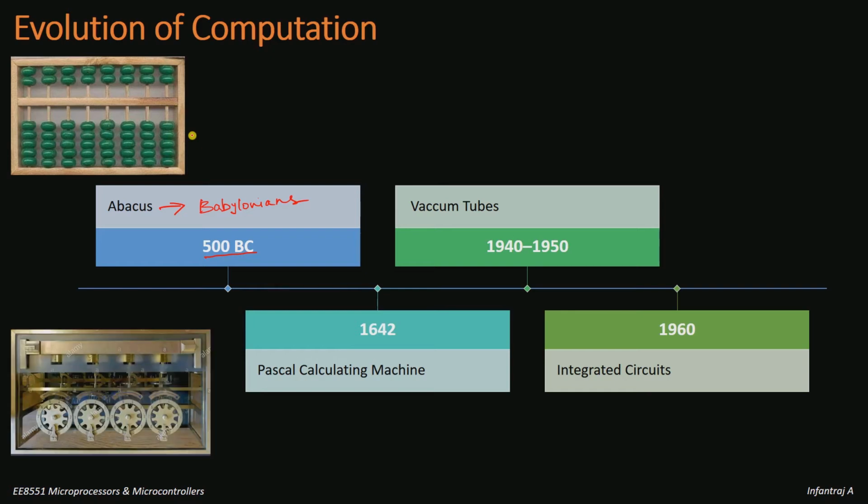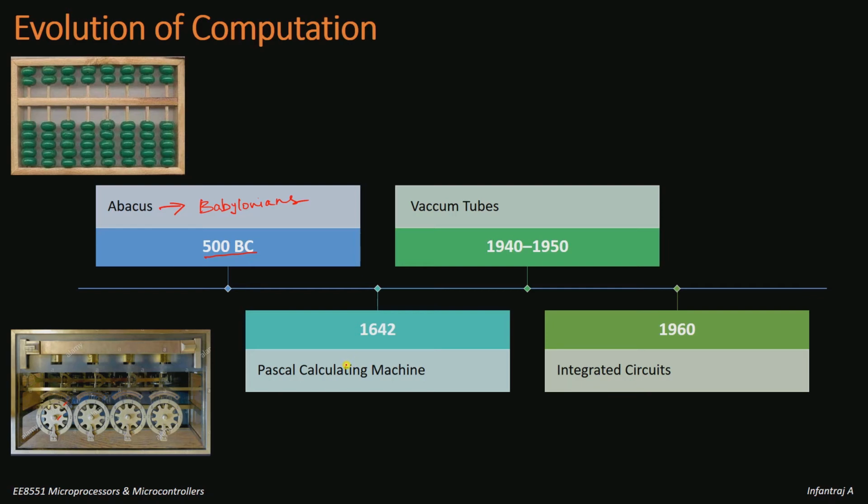Then after that, when the industrial revolution started and many mechanical systems came into existence, Pascal invented a system called the Pascal calculating machine in the year 1642. As you can see in this picture, there are some gears and wheels here. Using this, arithmetic calculations were done.